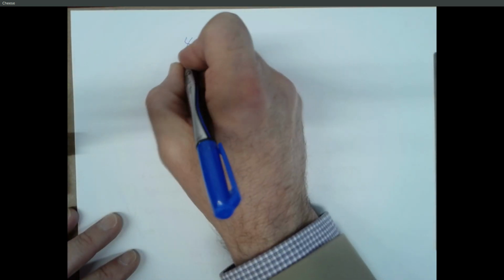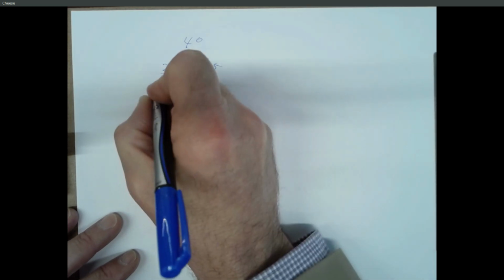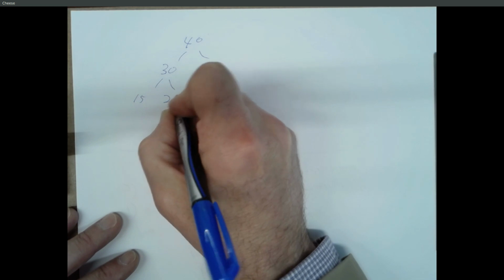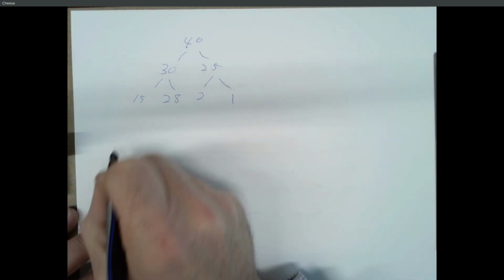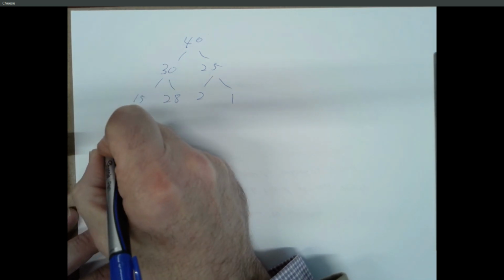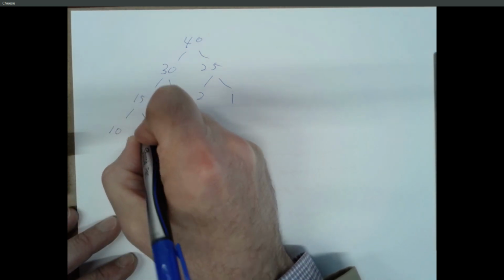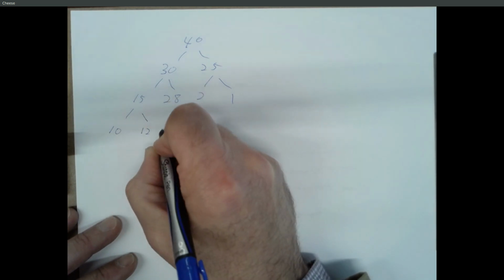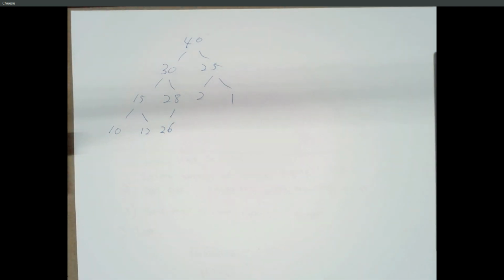So what's a potential max heap? 40, 30, 25, 15, 28, 2, 1. All right, so that's a valid max heap.